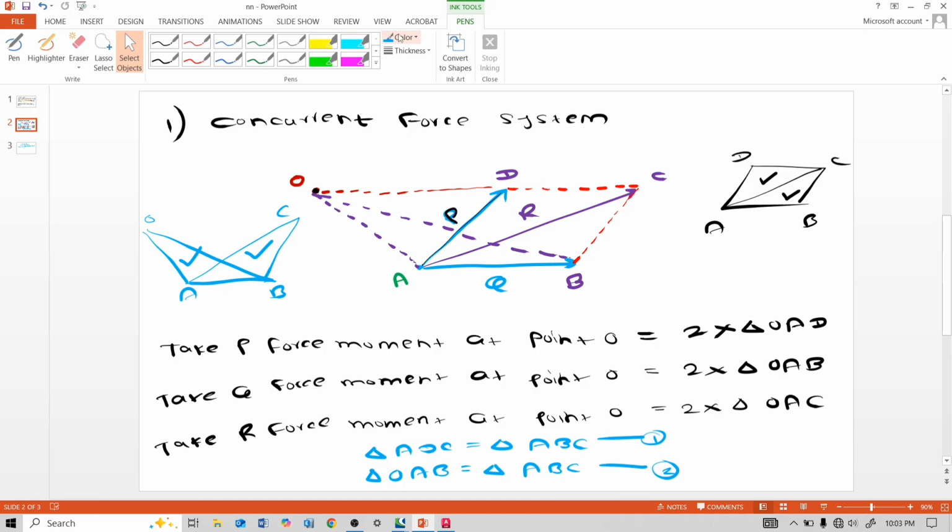So here I need these two triangles, this OAB and this OAD, plus this OAC. Right here, this OAD, one triangle, plus this ADC.